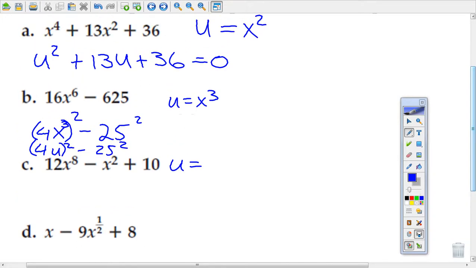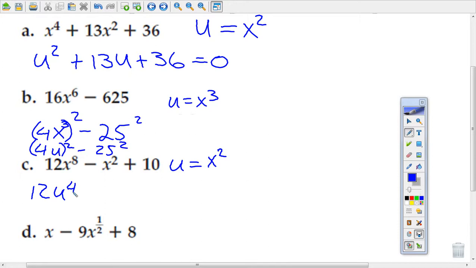Do you notice in the first one that if there's a u substitution you can do, I make my u equal to the second term? So what should I make it equal here? Well, it would need to equal x squared, right? Well, if I do that, is there a way to take this 12x to the 8th and make it something squared? Not really, because this would be like u to the 4th or something, and it wouldn't become something squared.